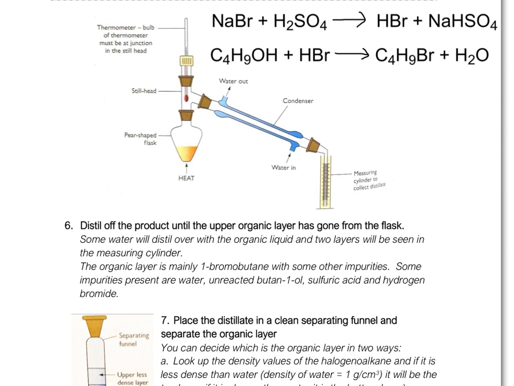Now the problem is that some water will also pass over with the 1-bromobutane along with some other impurities. Some of those impurities are listed here, and I've written the step 1 and the step 2 equations up here to help you picture what sort of impurities you've got. So you've got water, there's your water there, but also we added water to the original reaction mixture, so some of that water could be present as well.